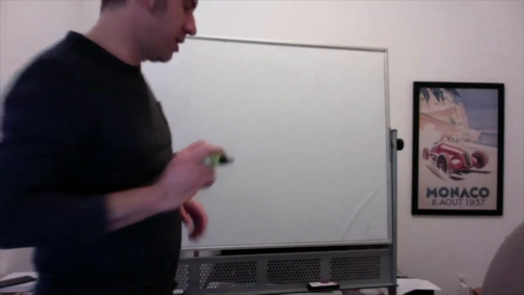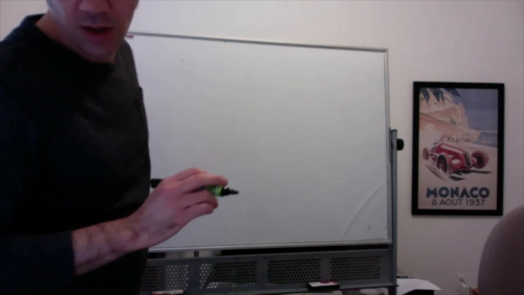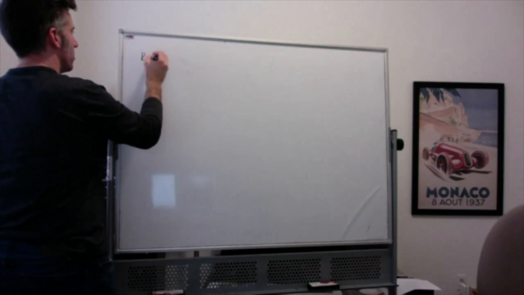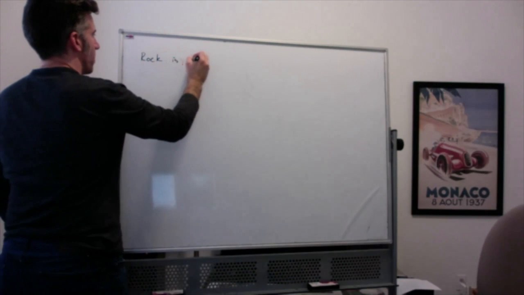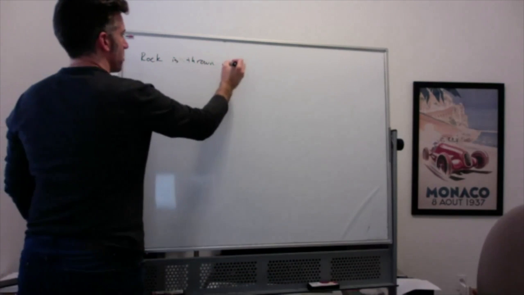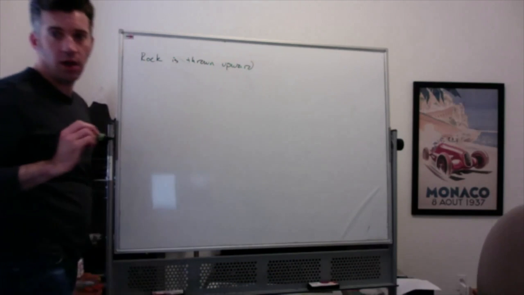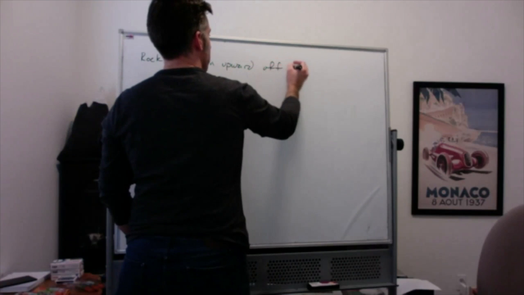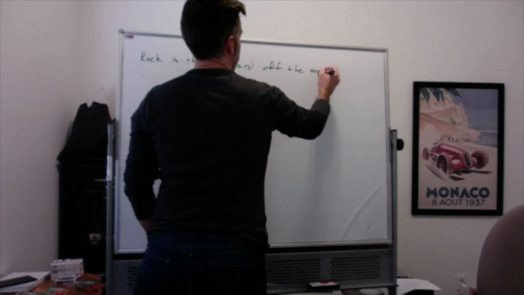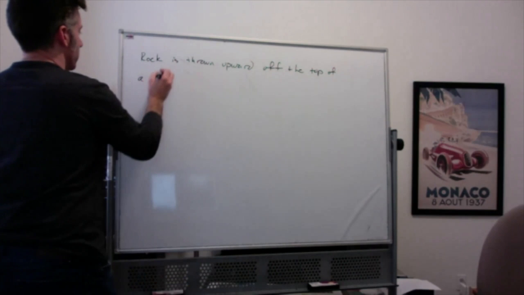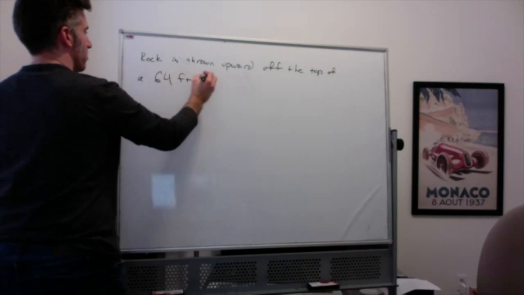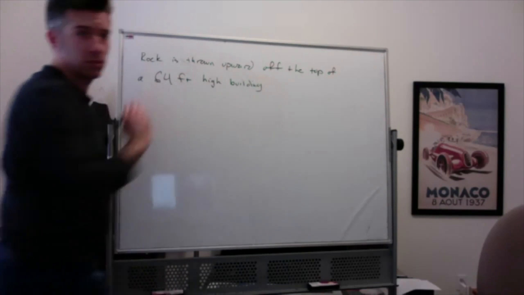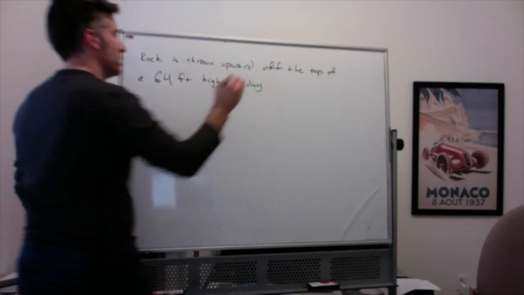So let's get going. A rock is thrown straight up off the top of a 64-foot building with an initial velocity of 48 feet per second.